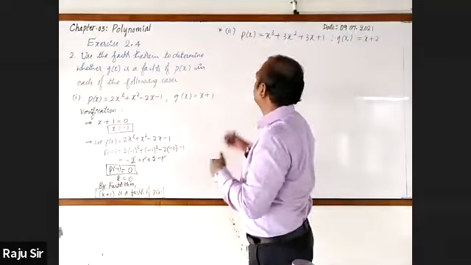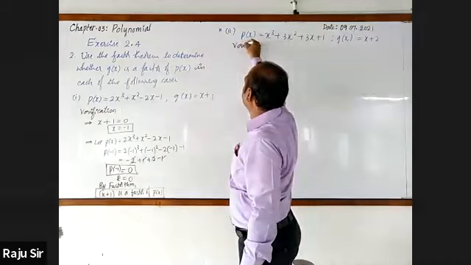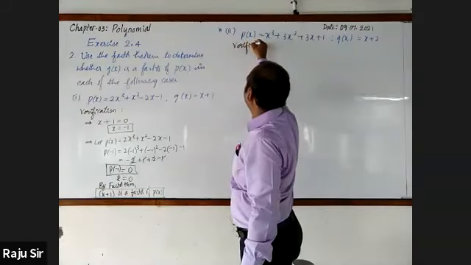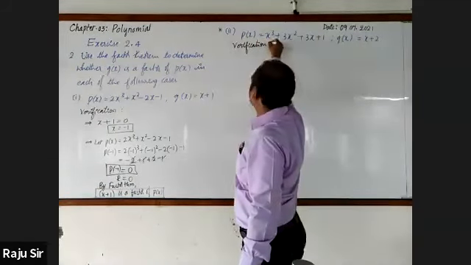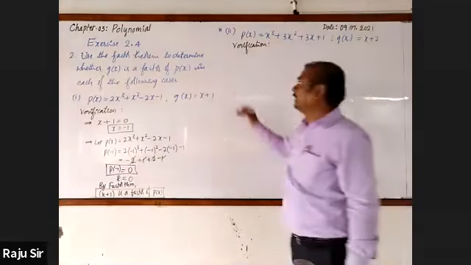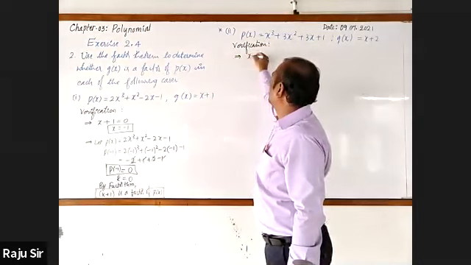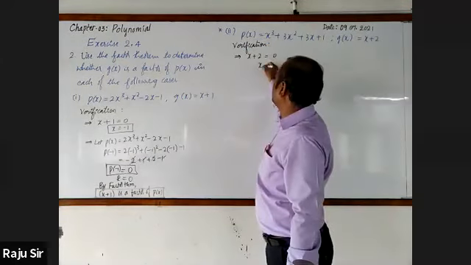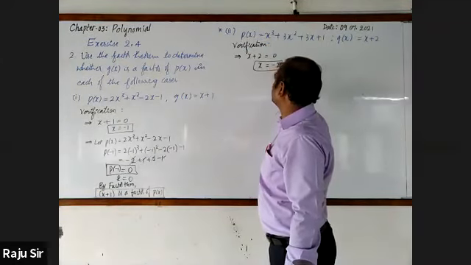Start writing. Verification. G of X is X plus 2. Find its zero. X plus 2 equal to 0, X equal to minus 2.